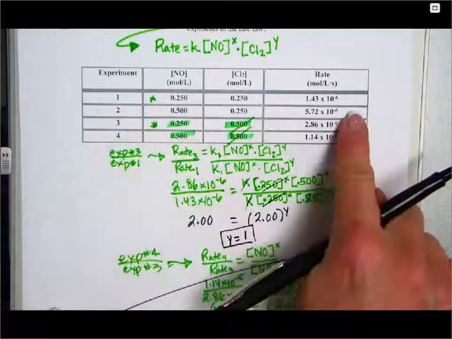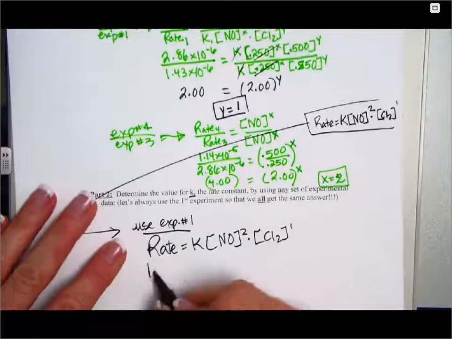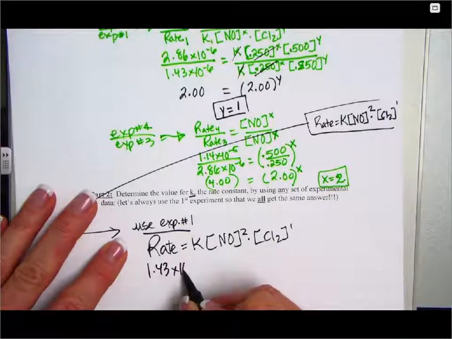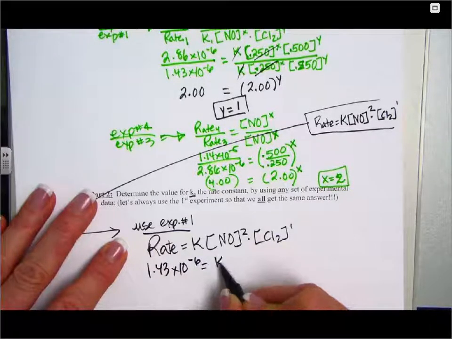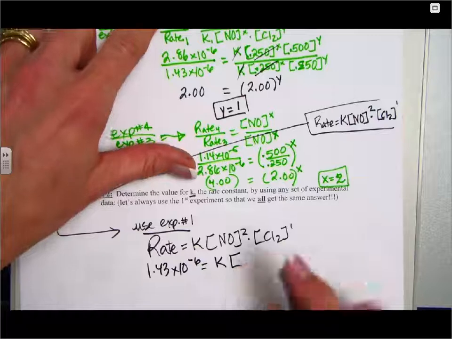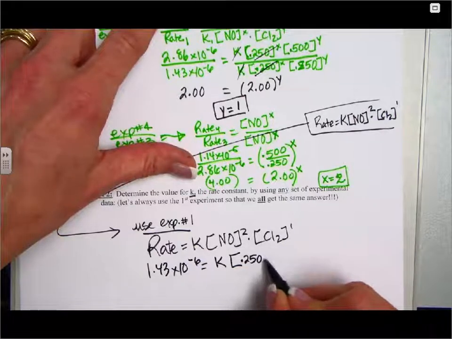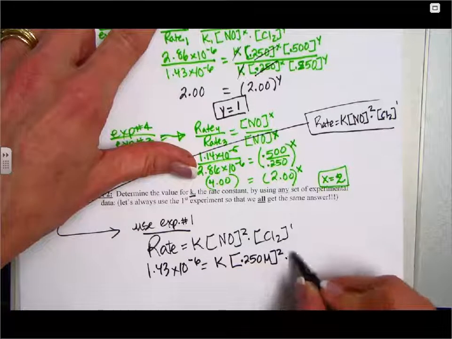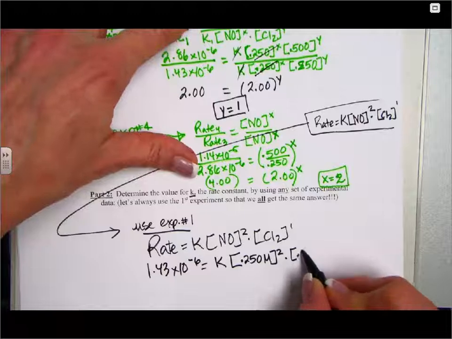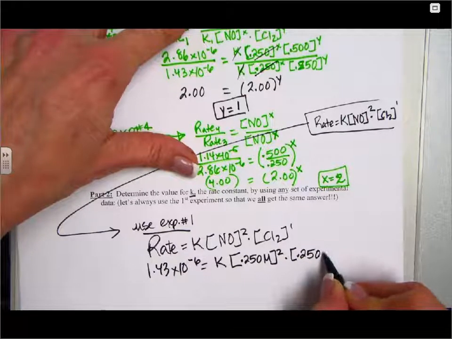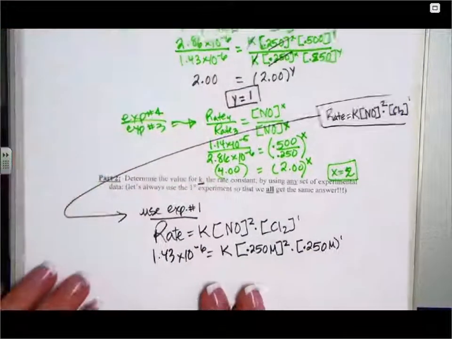Come back up to your data table, use everything from experiment 1, plug in that data. 1.43 times 10 to the negative 6 equals K. Concentration of NO is 0.250 molar, that's squared, times concentration of the chlorine, 0.250 molar, and that's to the first power.